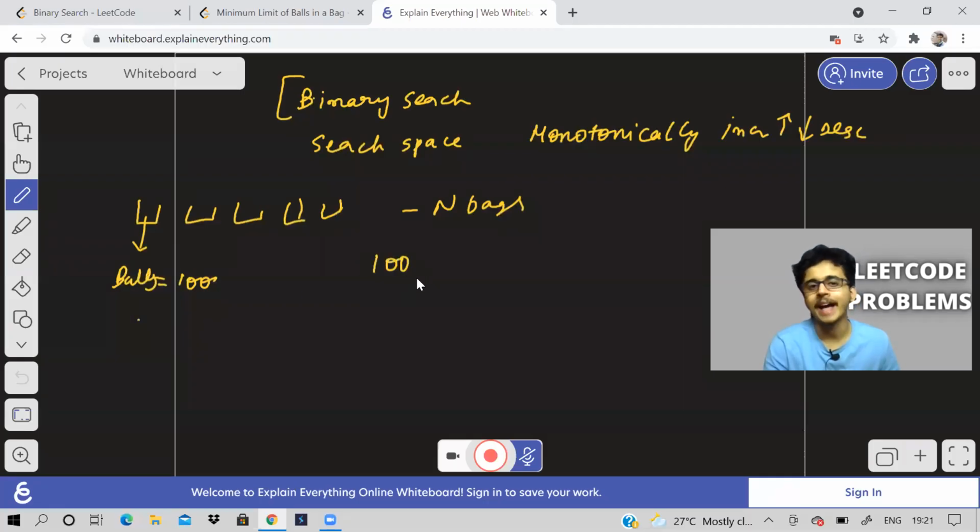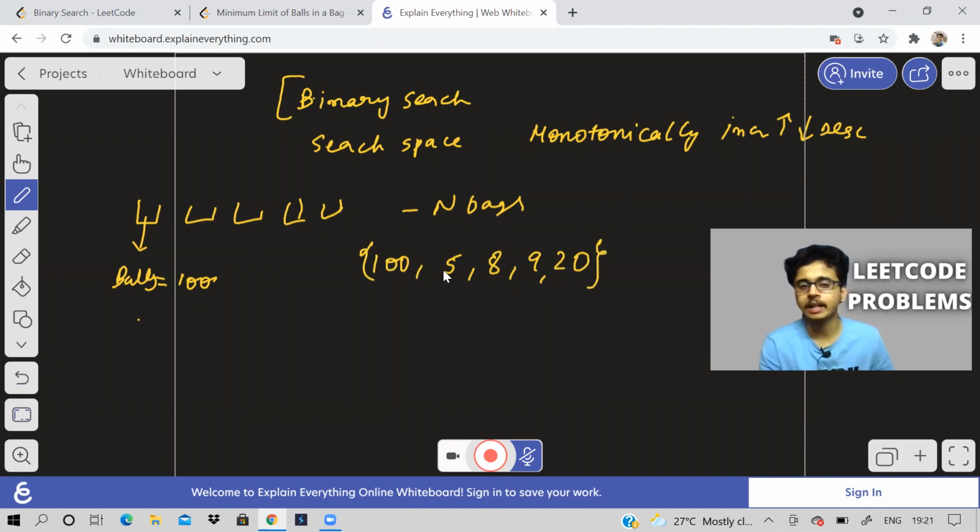So suppose the array is like this, okay? This represents 5 bags, and each bag has some number of balls. So without applying any operation, the penalty over here will be 100 because 100 is the max, right?